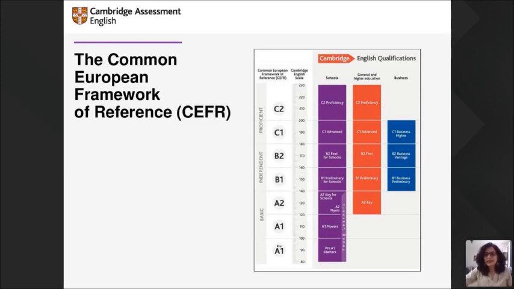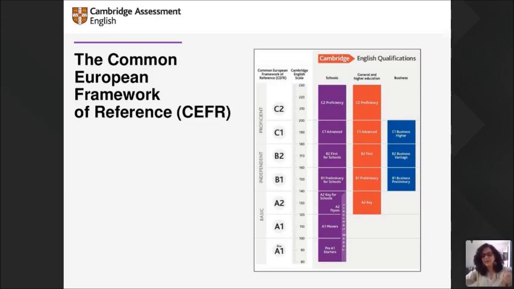On your slide, I'm sure you can see the levels of language proficiency, which start from pre-A1 and go to C2. If you look at the bar that indicates the levels in terms which are comprehensible to us, you will see that A1 and A2 would indicate the basic level, B1 and B2 indicate independent users of English, and C1 and C2 indicate proficient users of English.